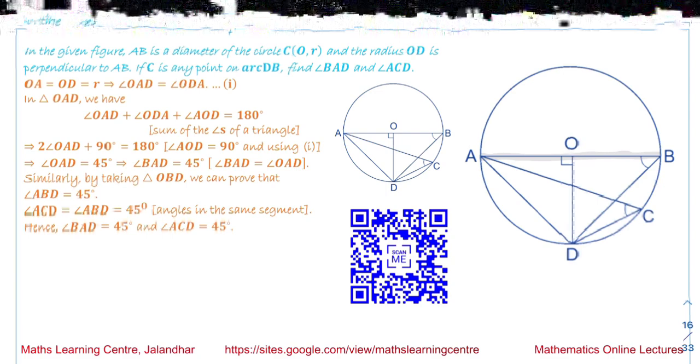This is the arc AB over here. If this angle is 90 degrees, then this angle will be 45 degrees.